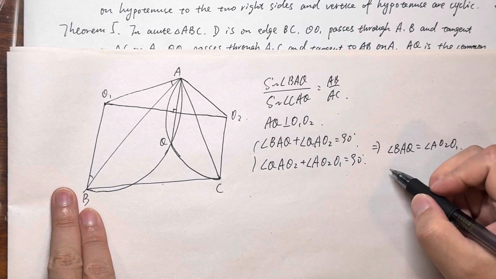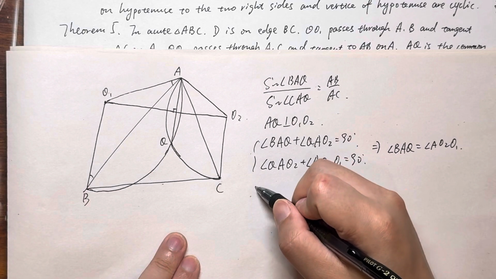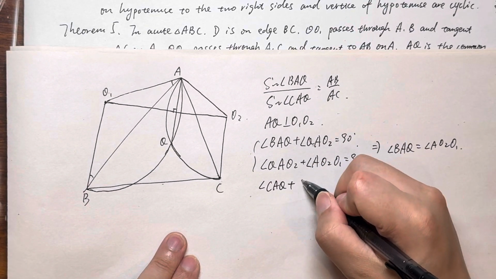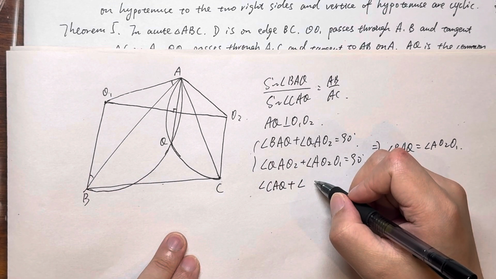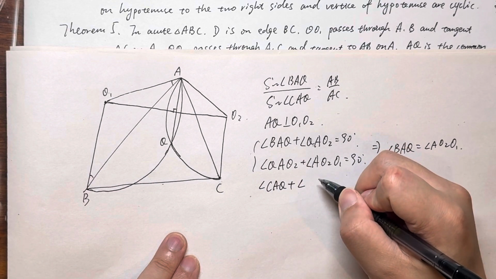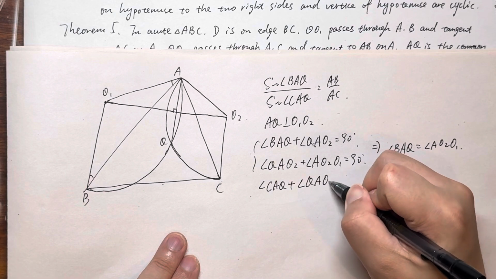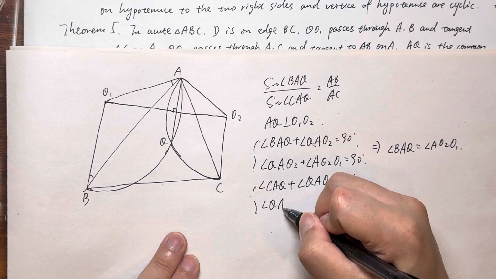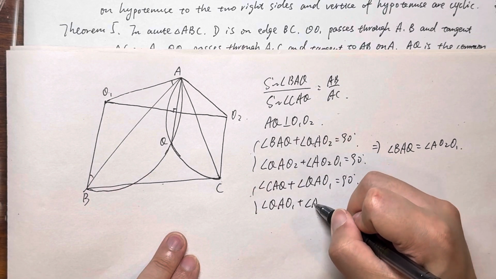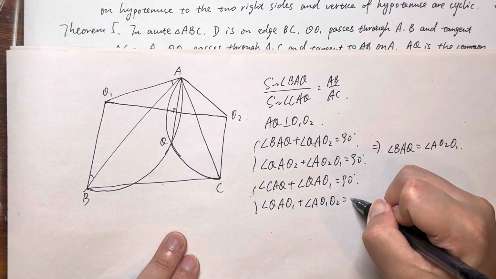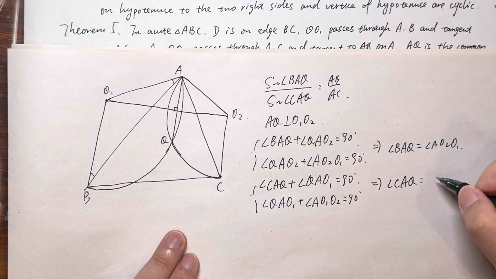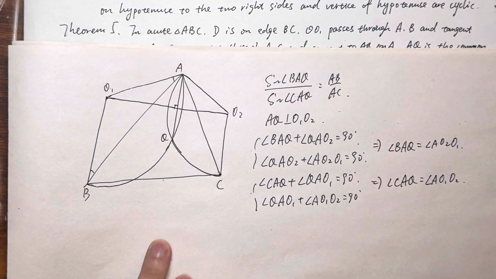And similarly, we can get angle CAQ plus angle QAO1 equals 90 degrees, and angle QAO1 plus angle AO1O2 equals 90 degrees, which means angle CAQ equals angle AO1O2, right?